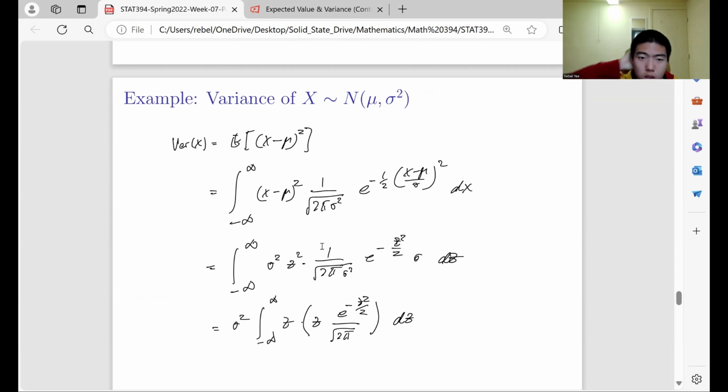I must say it. So if we do the transformation x equal to sigma times z plus mu, then what changes? This becomes z and sigma, because minus mu just cancels out.